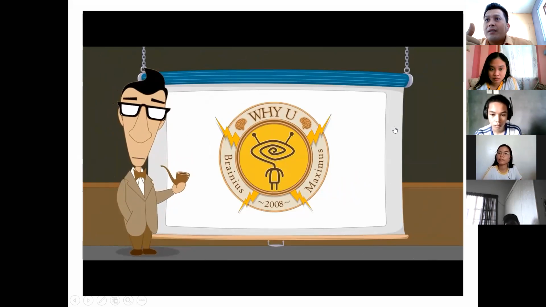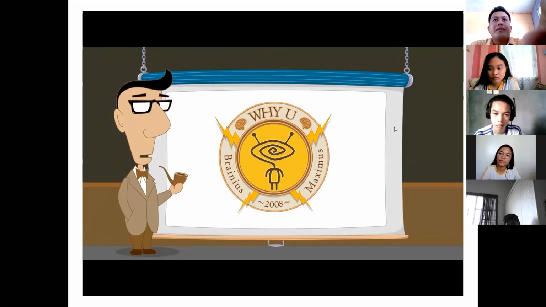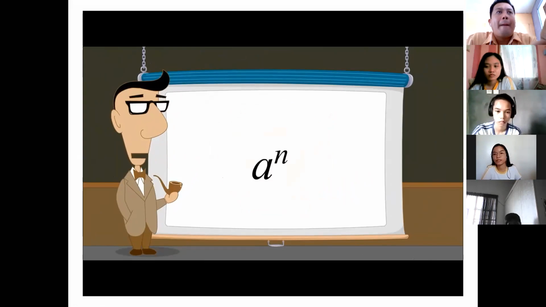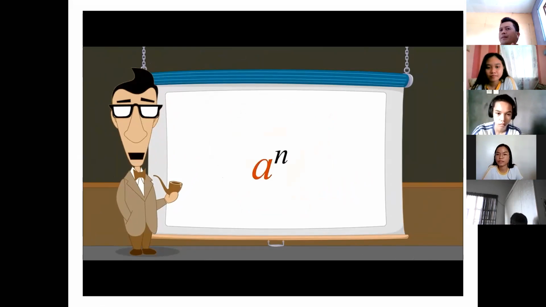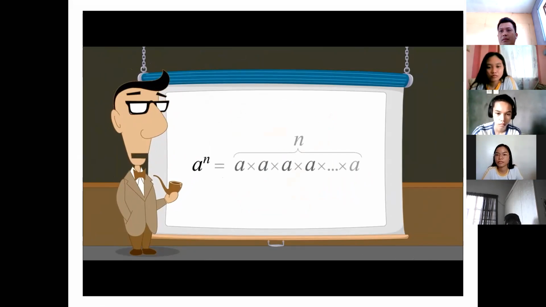Hello. I'm Professor Von Schmohawk, and welcome to YU. In the previous lecture, we saw that exponentiation is shorthand for repeated multiplication. Any number a raised to the nth power is equivalent to multiplying n a's together.